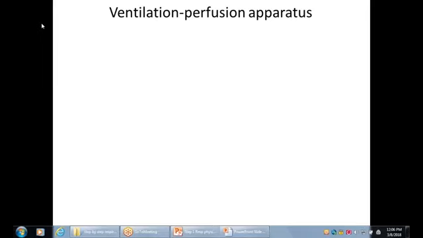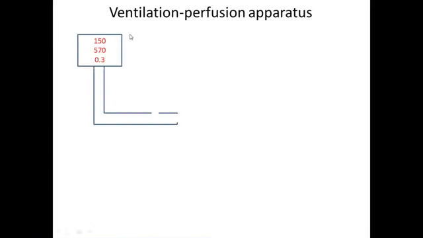So simply, when you inhale room air, which is about 150 millimeter mercury of oxygen, 570 of nitrogen, and about 0.3 millimeter mercury of carbon dioxide, this air will be mixed in the dead space, and when reaching the alveoli, the partial pressure of oxygen will drop from 150 to 100, which is the alveolar partial pressure of oxygen.